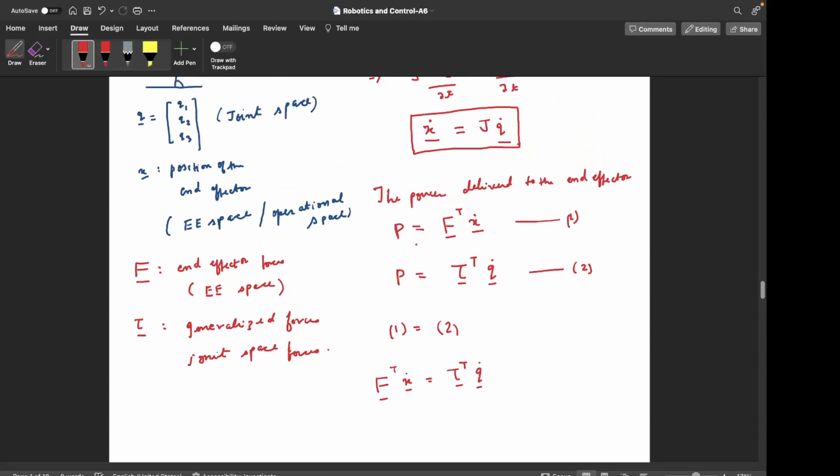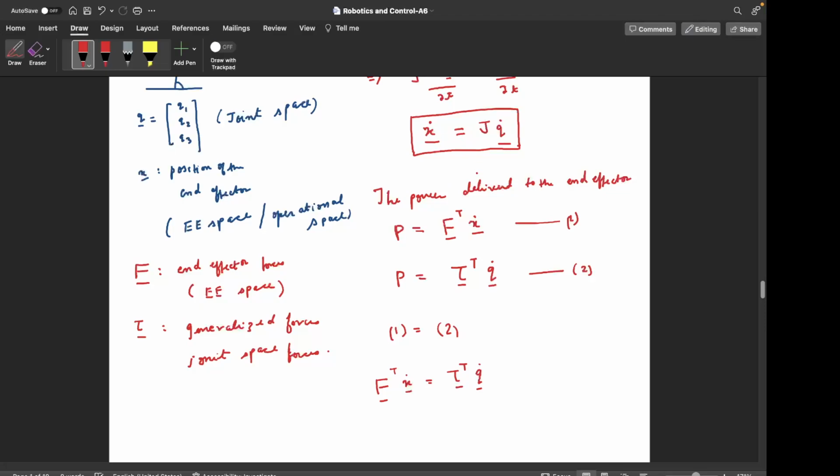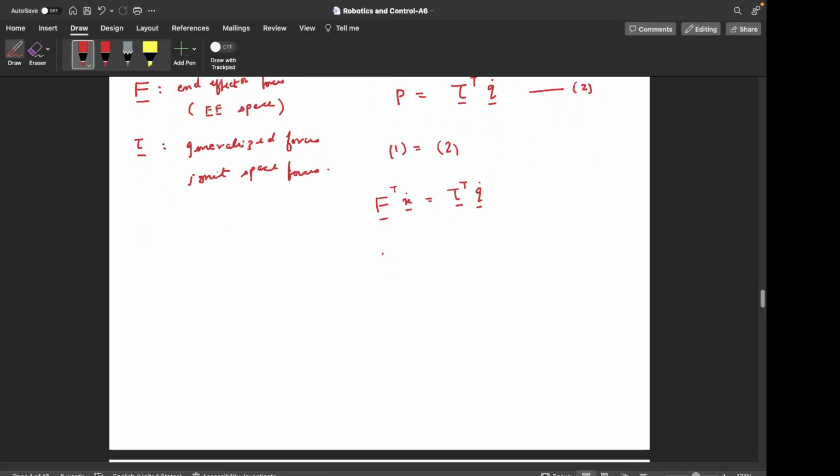Now here we will use this relation that x dot is J q dot, right? So on the LHS we use that expression that x dot is J times q dot.